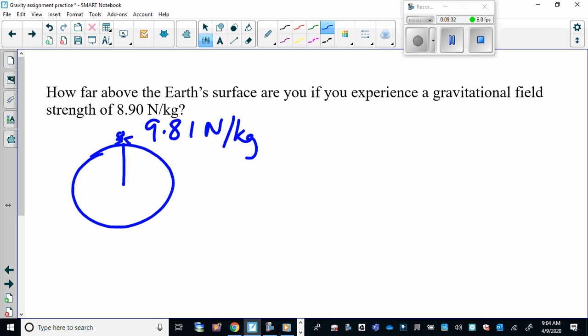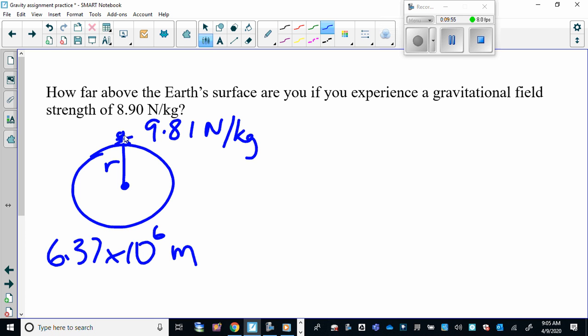And you are what distance from the center of the Earth? The radius of the Earth, which, just for your own knowledge, is this. You do not need this piece of information. It's on your formula sheet anyway, but you do not need this to solve the question. Oh, yes, actually, you do need this one to solve the question, because we want to know how far above the surface of the Earth.